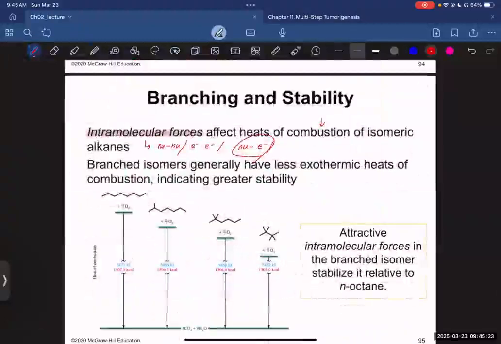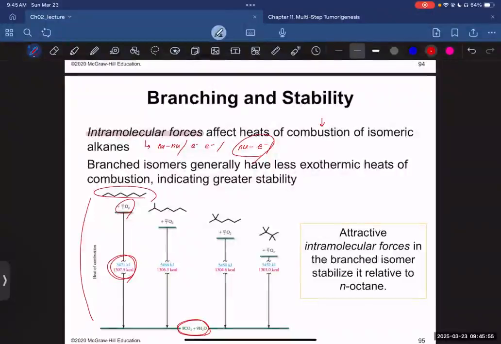And so if we look at this figure here, we are going to be able to see this pretty frequently throughout organic chemistry. This is a potential energy diagram. It tells us how much energy a molecule has. So it tells us that when we have a specific type of alkane that's undergoing combustion, how much energy is going to be released during the process of this combustion to form carbon dioxide and water.